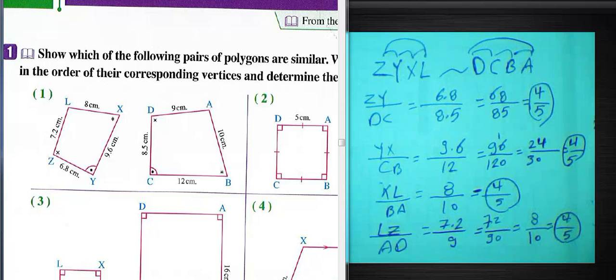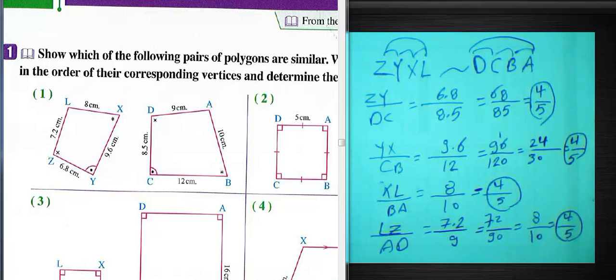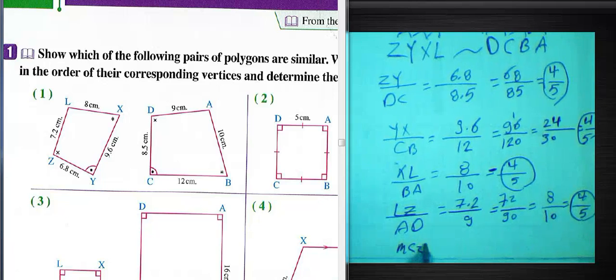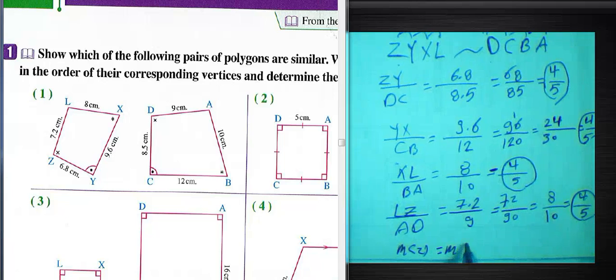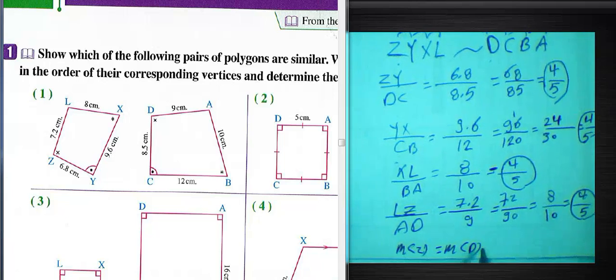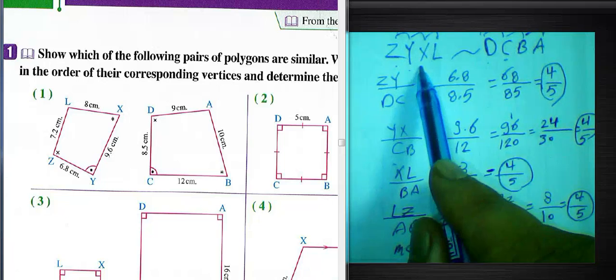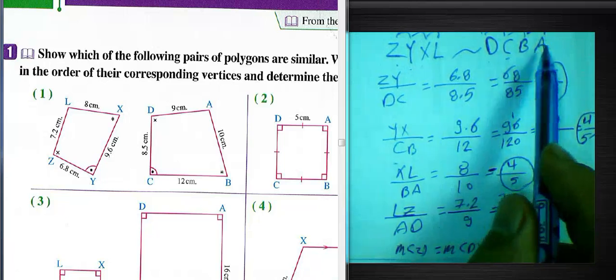So the first polygon is similar to the second polygon, because corresponding angles are equal in measure: angle Z equals angle D, angle Y equals angle C, angle X equals angle B, angle L equals angle A.